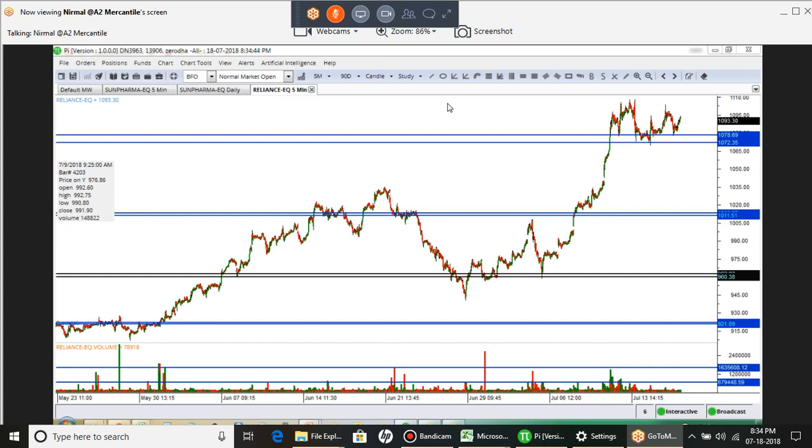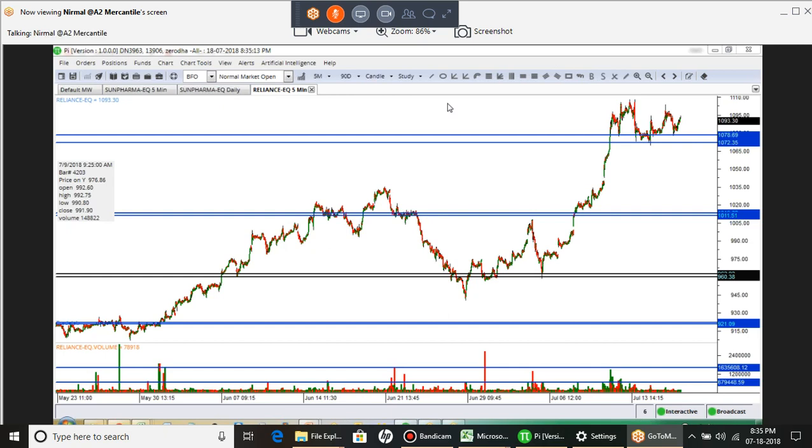You are right. So Reliance, should we think of buying, or given a possibility, think of a short once it comes below that range?